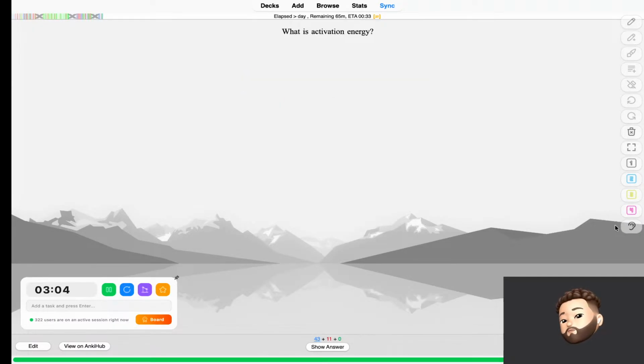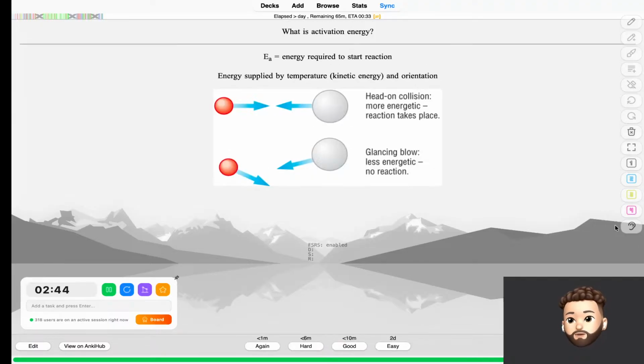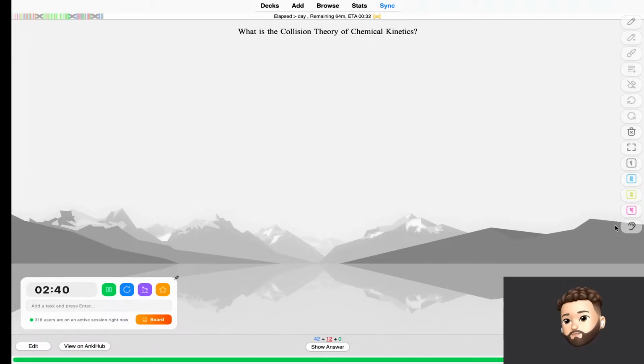What is activation energy? The energy necessary in order to get past the transition state, required to start the reaction. What is the collision theory?